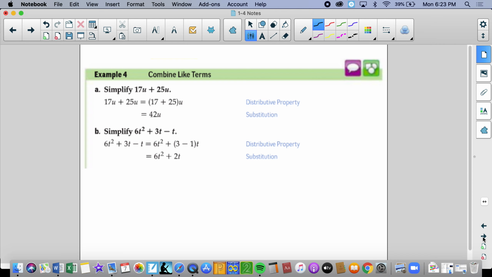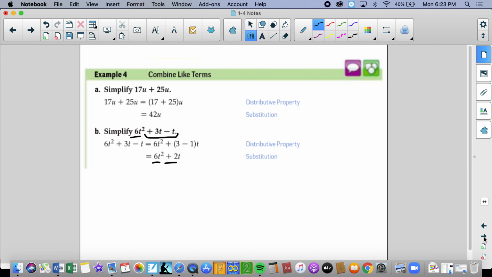Here you have 6t squared plus 3 times table minus 1 times table. These are like terms because they're the same variable to the same exponent. This is not a like term, so we can't combine that. You're going to be left with 6t squared, and then if you have 3 times tables and you take 1 times table away, you're left with 2 times tables.